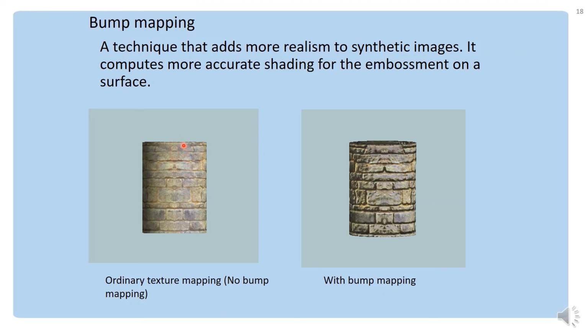And this is the cylinder that has been applied with the mapping and with bump mapping as well, so you can see the roughness of this texture. It provides more realism to this object.